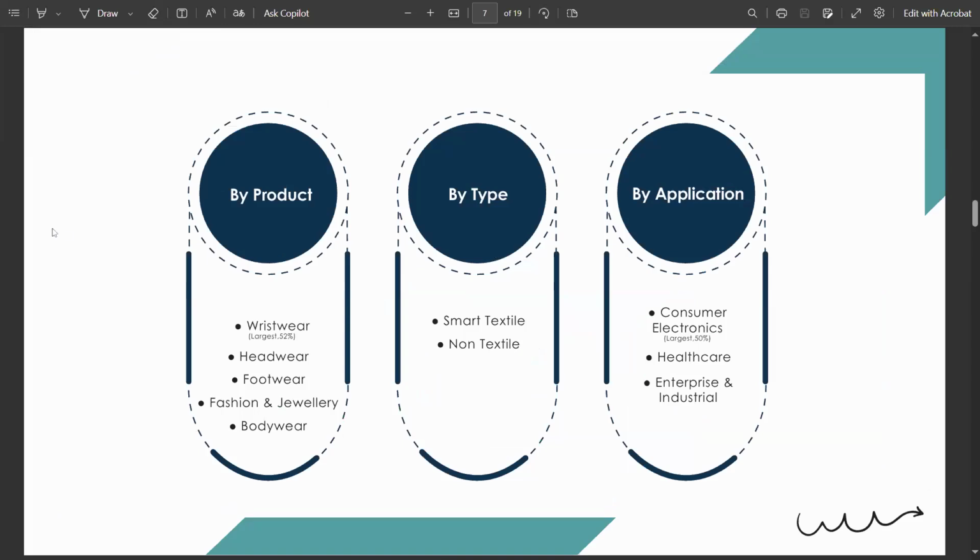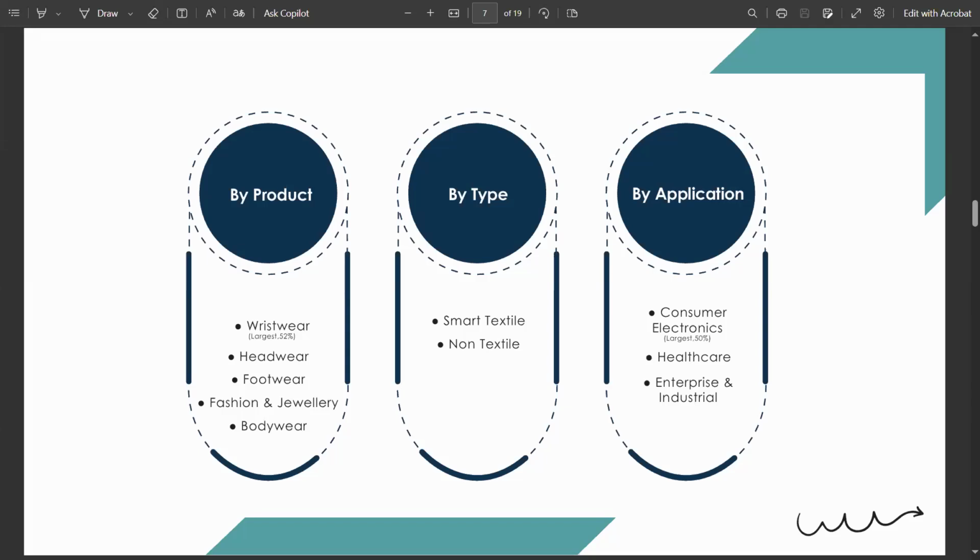This also includes devices that are used by tech savvy people just to monitor their performance, and athletes. So by product we have these five segmentations: wristwear, headwear, footwear, fashion and jewelry, and bodywear. Of course, wristwear captured the largest market share in 23 with a share size of 52% of the market.